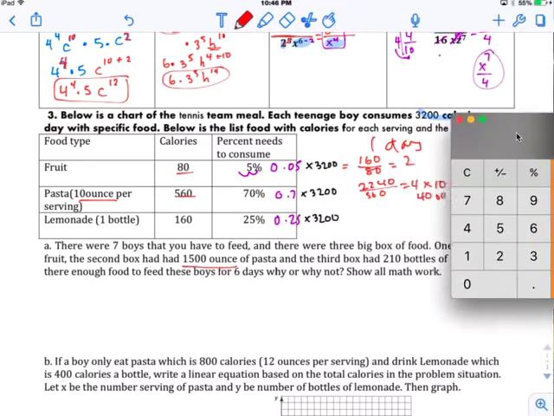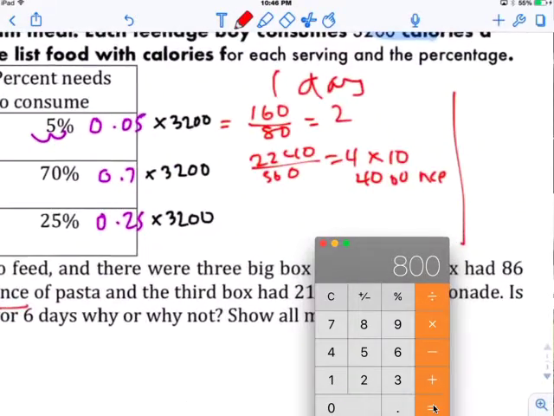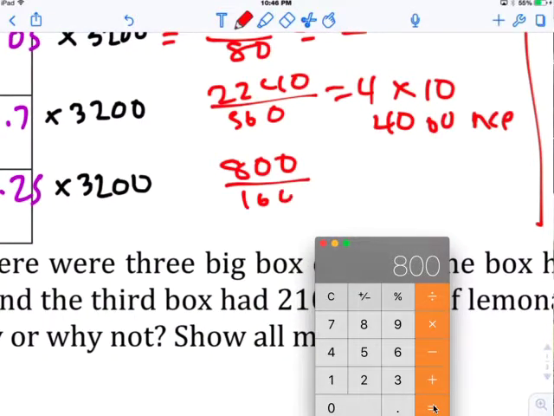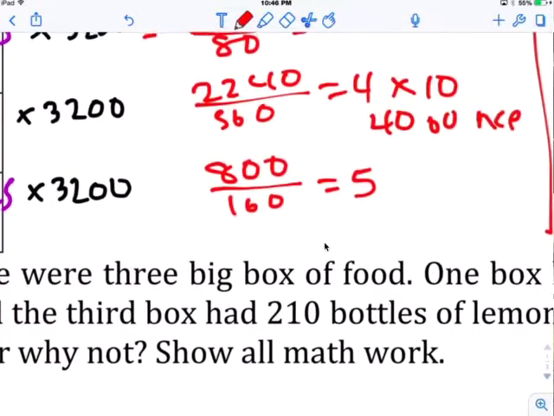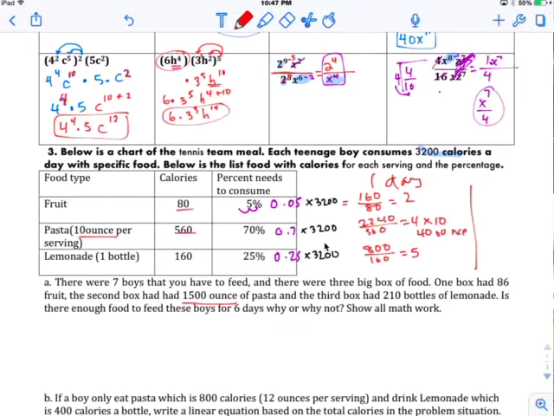Let's do the lemonade. 0.25 times 3,200, 800. $160. 5 equals 5 bottles. Okay, a day. Well, tennis team, you need to drink a lot of water.